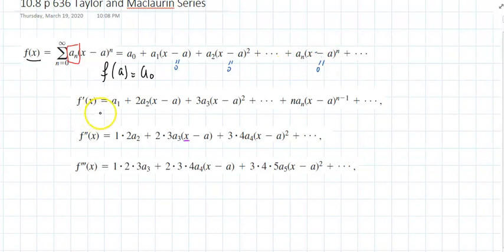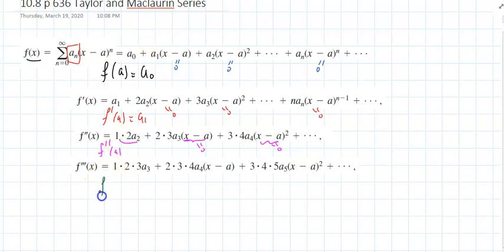And if I take f prime of a, I'll get that to be a sub 1. That would be 0. That would be 0. By replacing x by a, I notice all of these be 0. And if I take f double prime at a, I'll notice this would be 0. This would be 0. All of these will be 0. That will be the only piece that will remain.